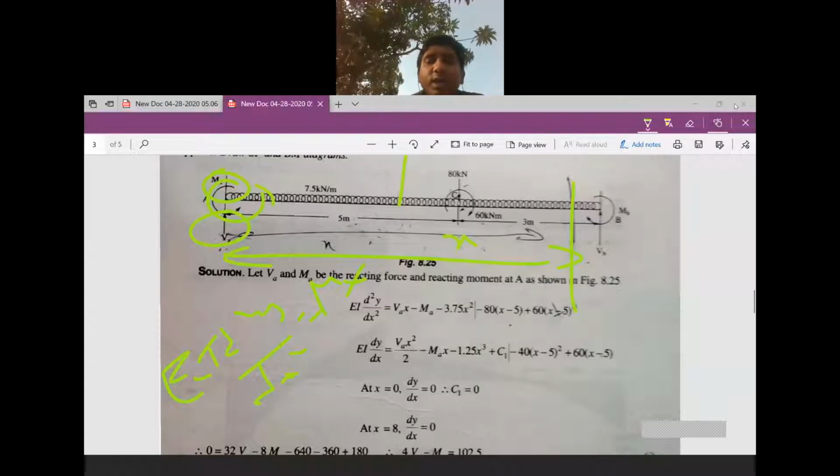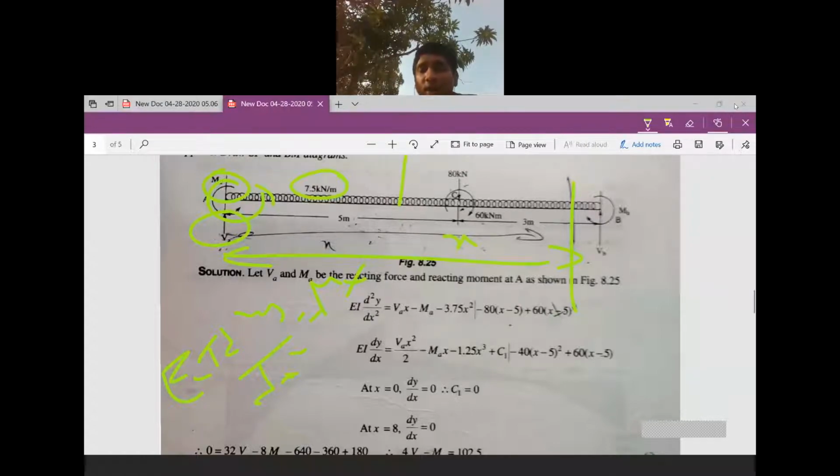Minus 7.5 into x meters, 7.5 into x into x by 2, which is the UDL.